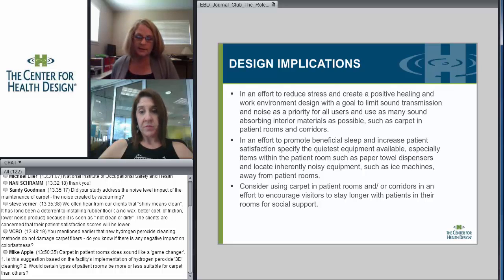Well, I think that the Harvard study that came out that's referenced in the paper really was an interesting study that looked at sources of noise. And so while carpet in our study did show to be a good absorber of sound, again, you could have that three-dimensional, that sort of all-encompassing holistic approach to look at what are the things on the unit that are creating noise and how can you mitigate that to reduce that sound on the front end.